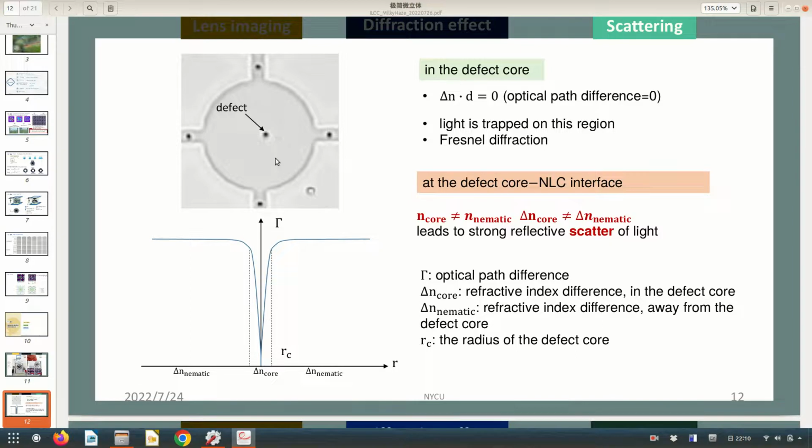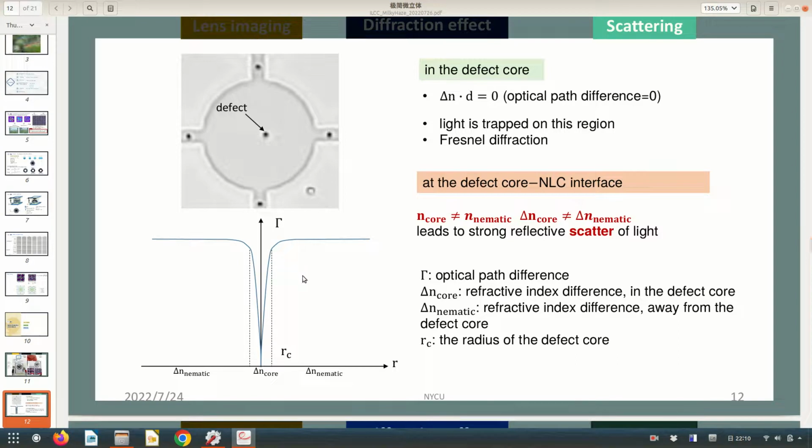Therefore, at the core of the defect, the birefringence, the delta n, is 0, and the refractive index at the core and the refractive index outside the core are different. There is a dramatic change on the boundary, and the delta n is having a dramatic change on the boundary too.